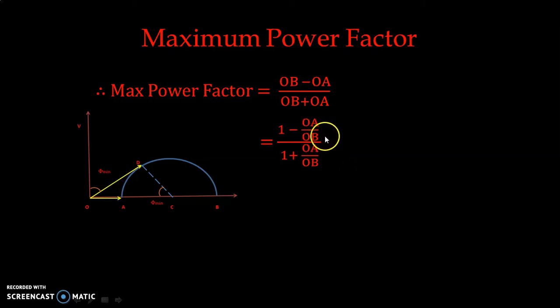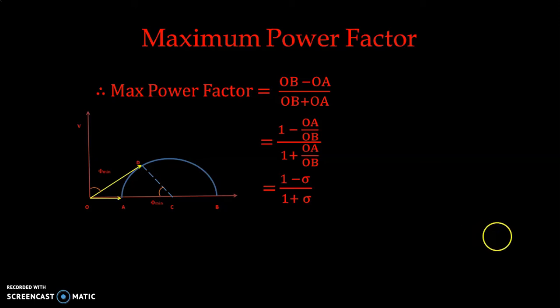OA is our no load current, magnetizing current, and OB is the ideal short circuit current. So ultimately we have maximum power factor as 1 minus dispersion coefficient divided by 1 plus dispersion coefficient. So we have obtained this equation for maximum power factor.